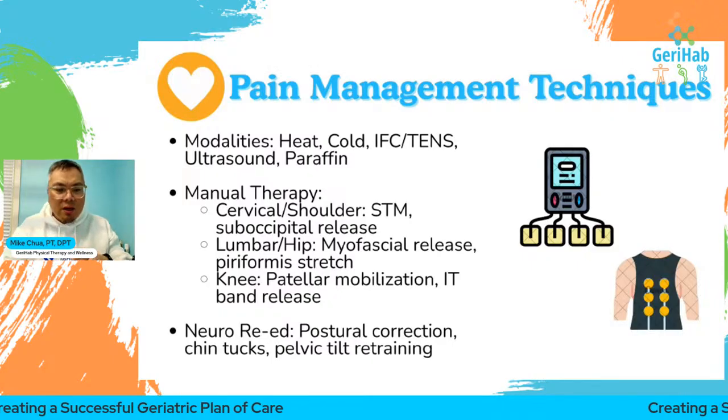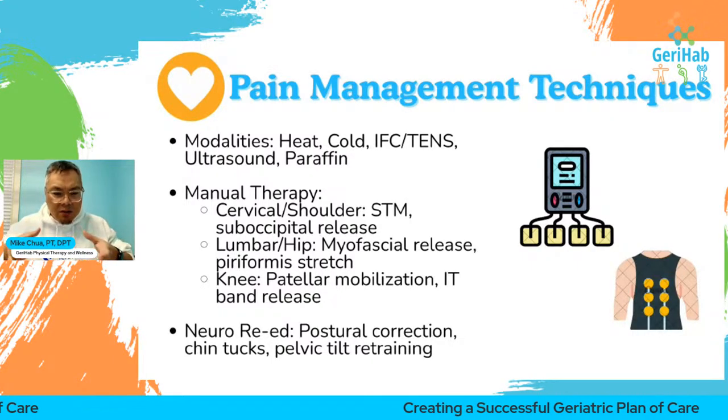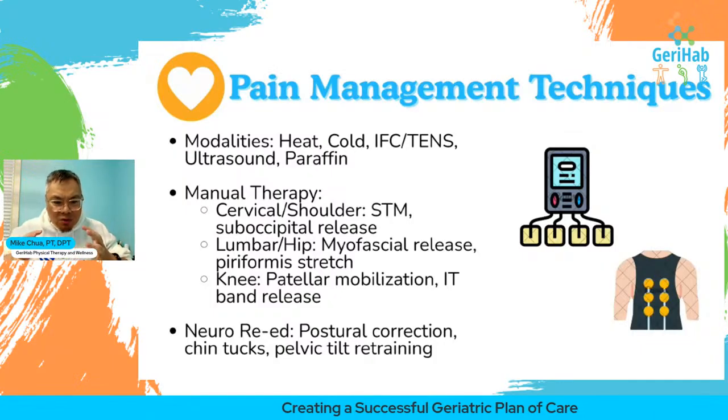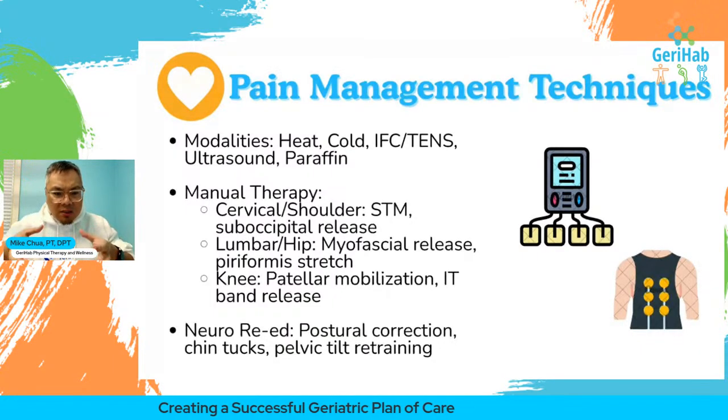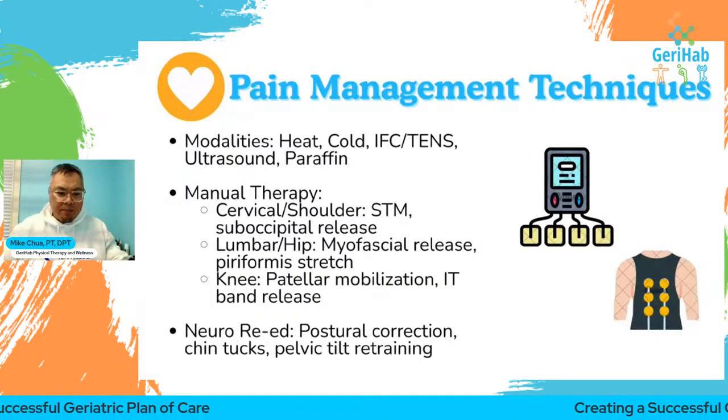Pelvic tilt retraining. I don't know if you remember anterior and posterior pelvic tilt. Just asking them to do that, 3 sets of 10, rocking it forward and back. And again, not just forward and back when you're doing your pelvic tilting and you're sitting down. Do this too, side to side like this. I'm talking about your pelvis, okay?